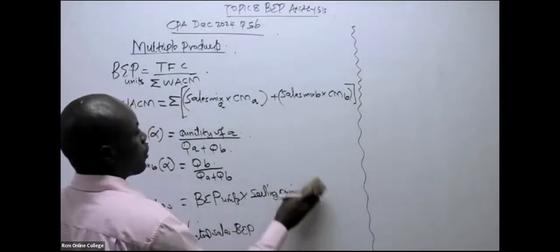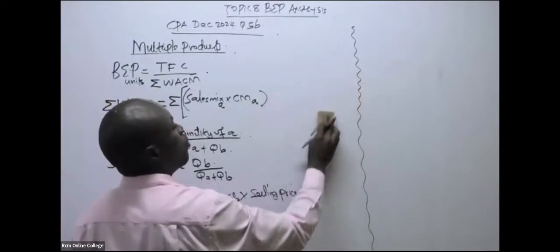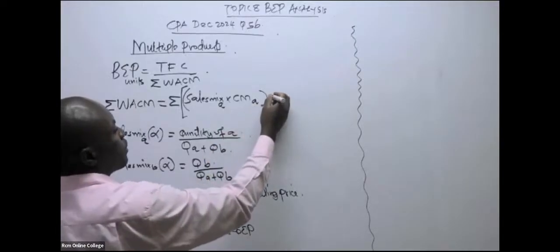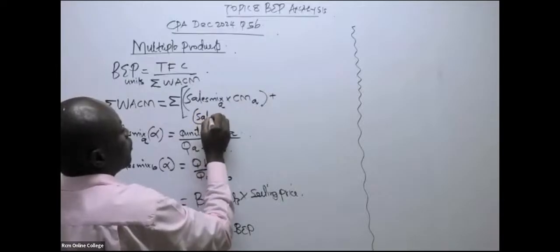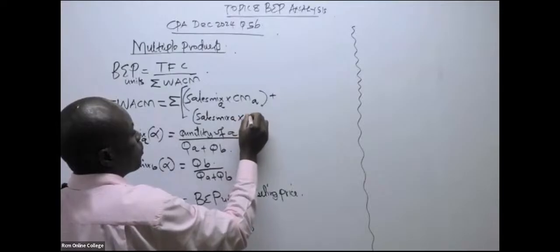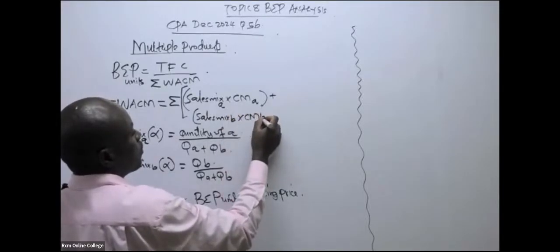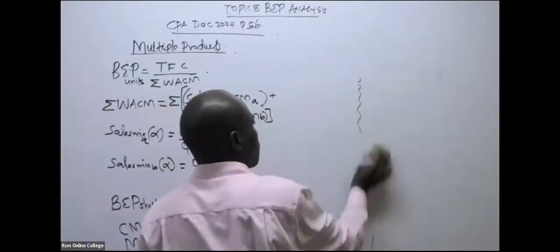Our total fixed cost is still the total fixed cost. So maybe I want to create some space here. Plus sales mix of A times contribution of B, so that I have some adequate space here.